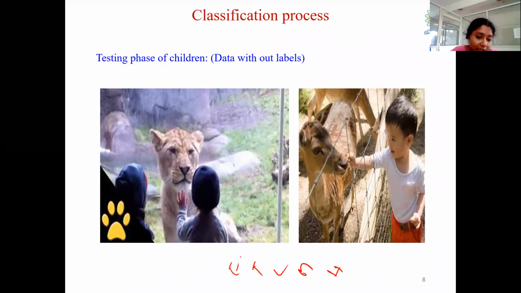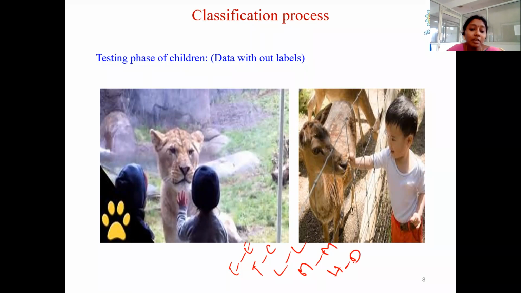He can identify the elephant as elephant, the tiger as, for example, cat, the lion as lion, the monkey as monkey, and the horse as donkey. So what happened here? He can properly classify some animals, whereas in the case of some animals he may get confused.